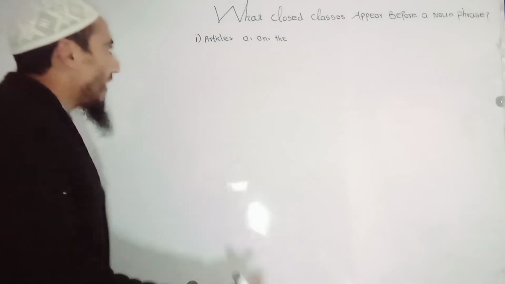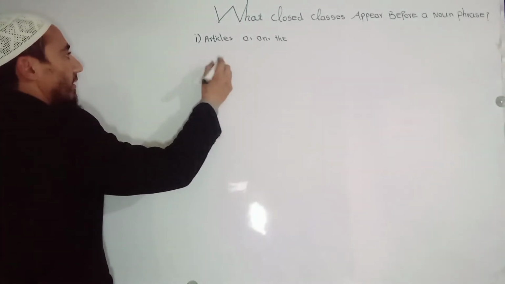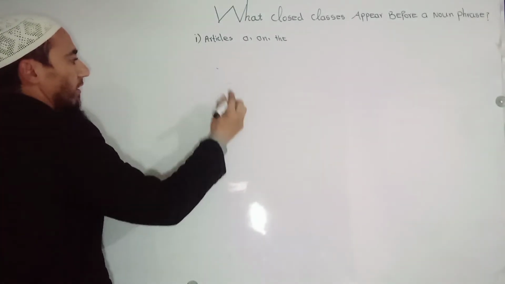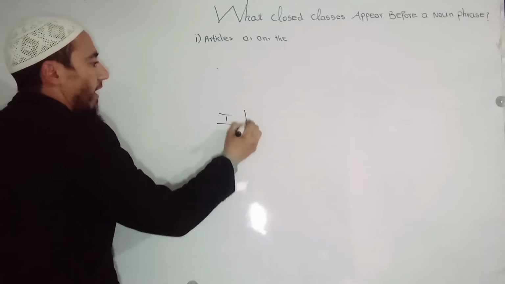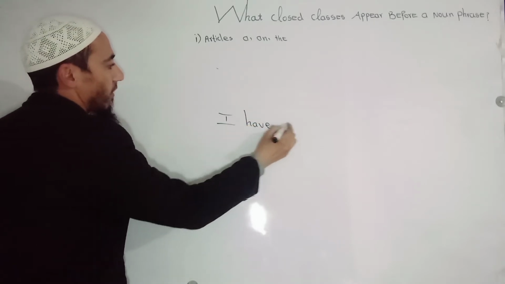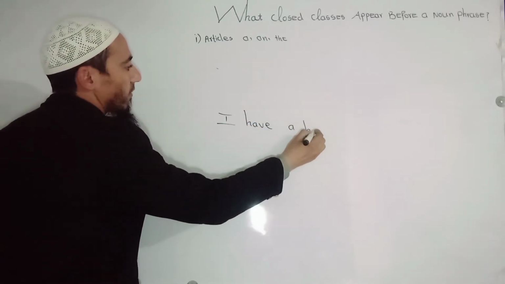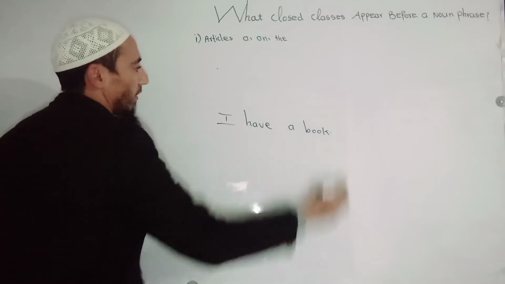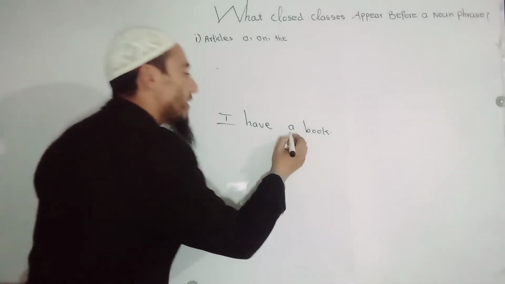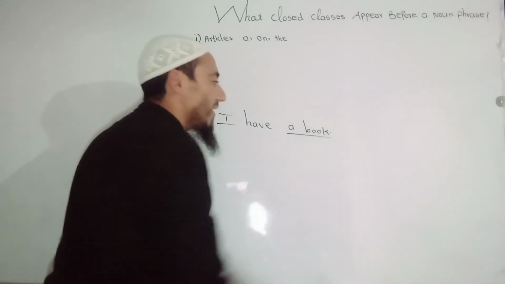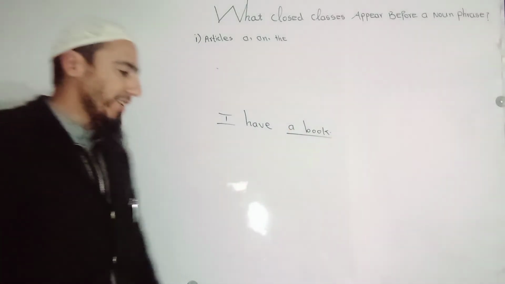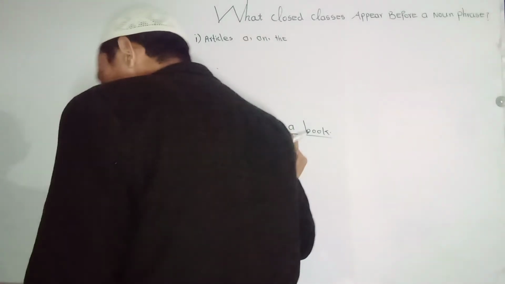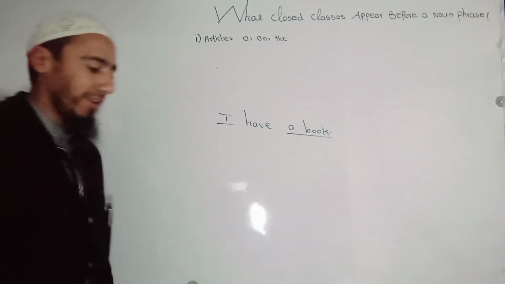How is it? Like, see, I have a book. Okay, listeners and audience, you see, here a book is a noun phrase. It is NP, and a is article.